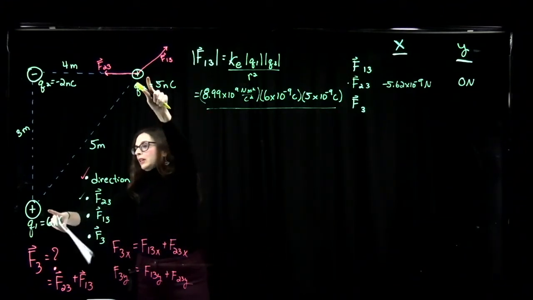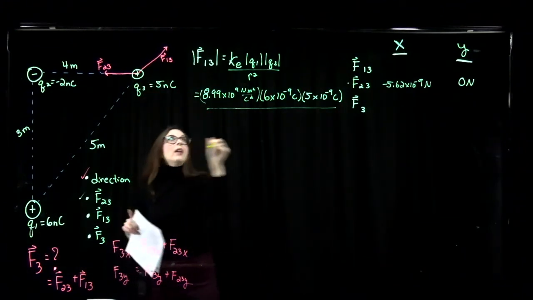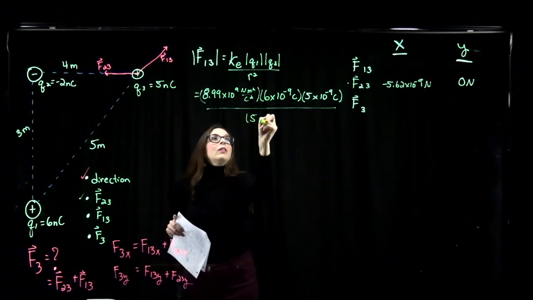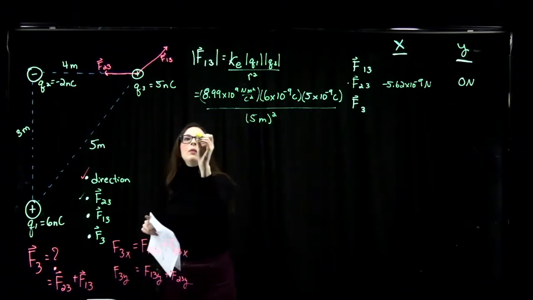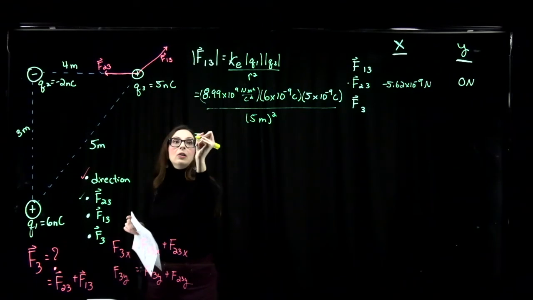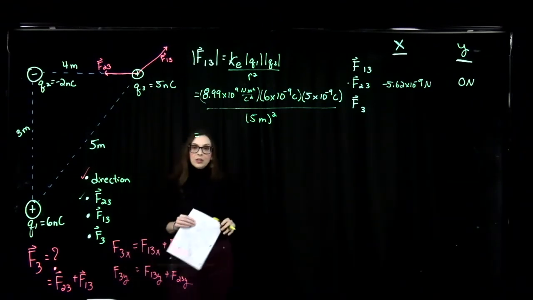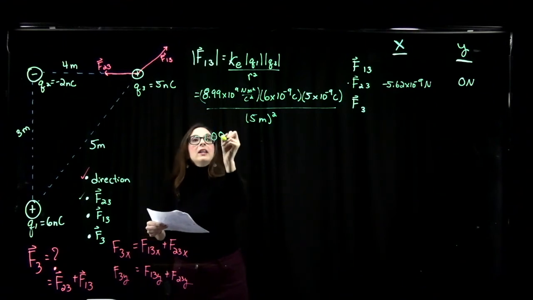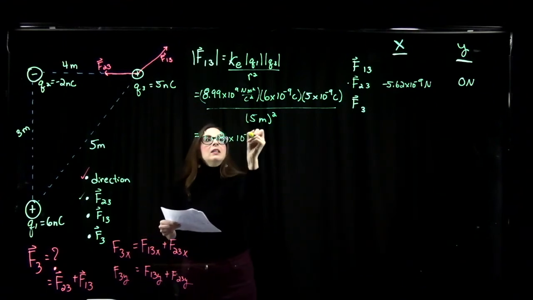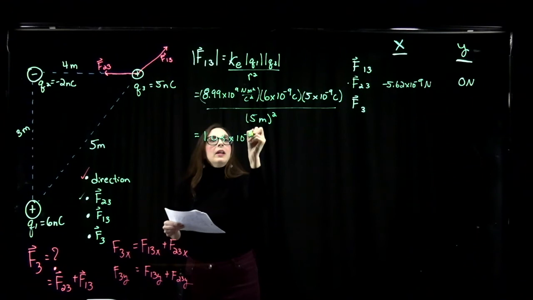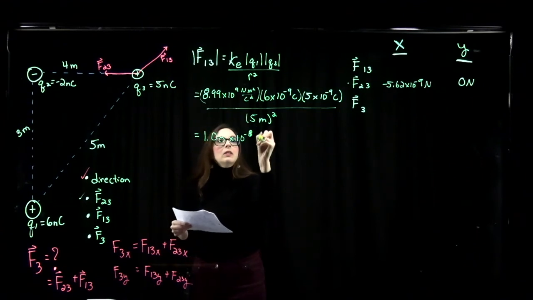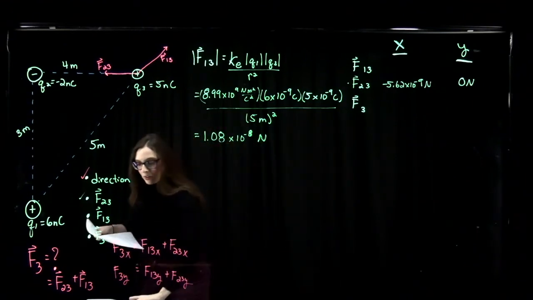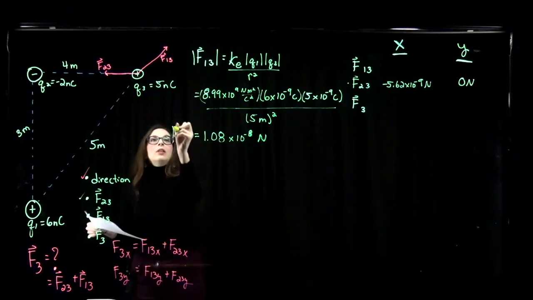The distance between Q1 and Q3 is 5 meters. 5 meters squared. Okay, so the magnitude of this force is 1.08 times 10 to the minus 8 newtons. All right, that's the magnitude of F13.